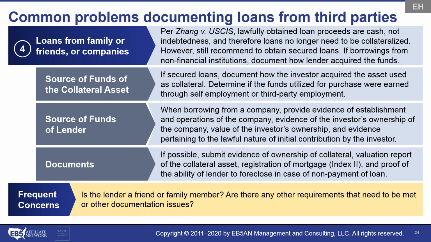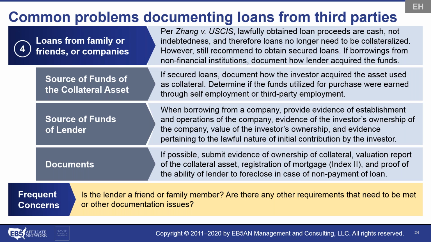So when this issue was very ambiguous and unclear, even recently, we used to always require our investors to make sure to remember to always get the secured loan that is collateralized on your property asset that is 100% owned by you.